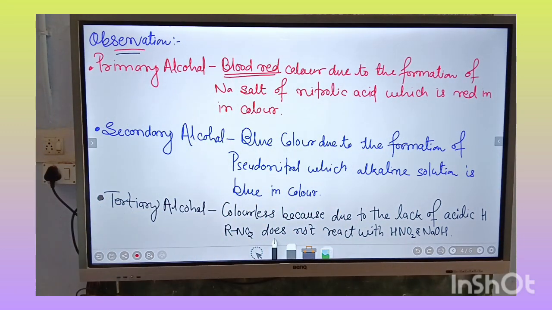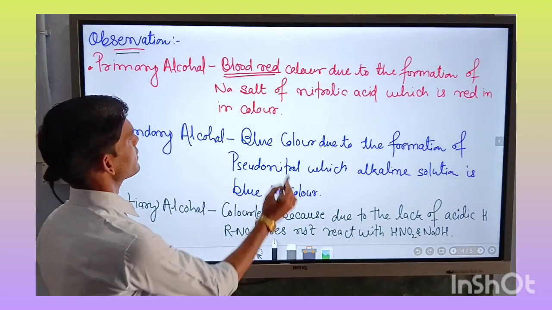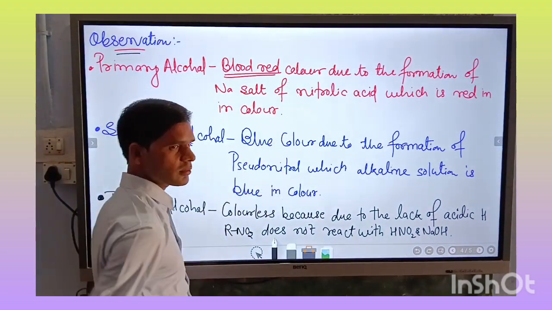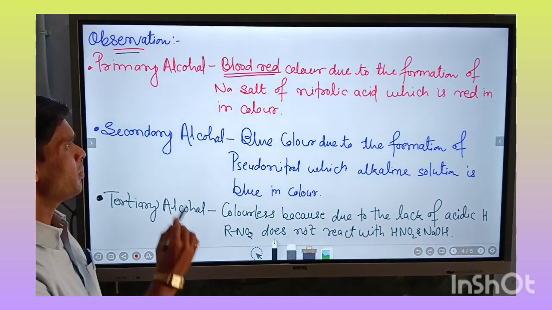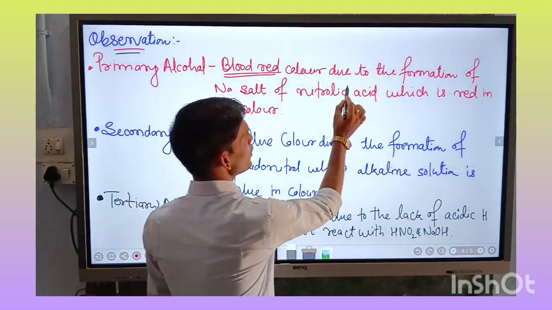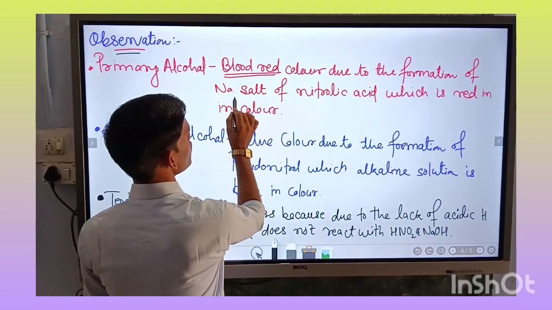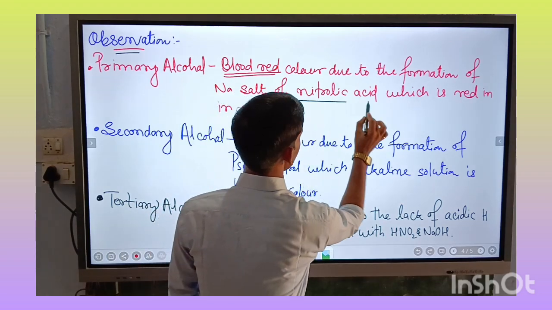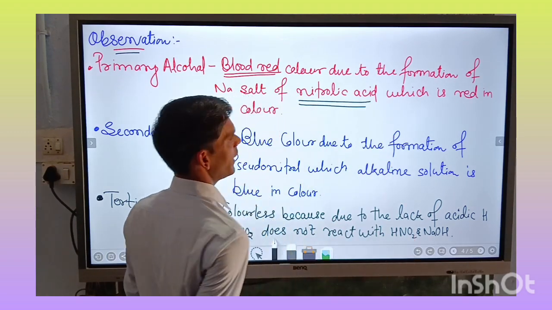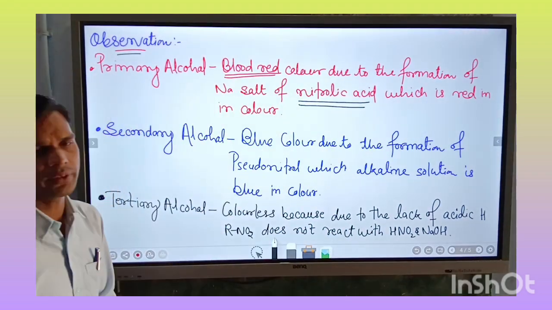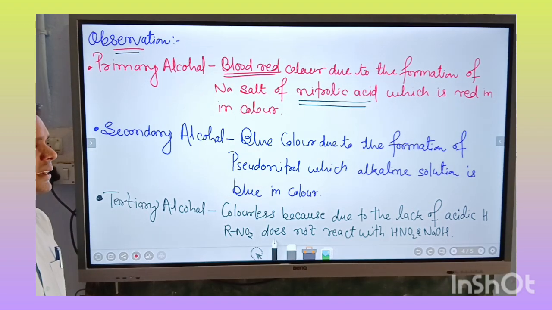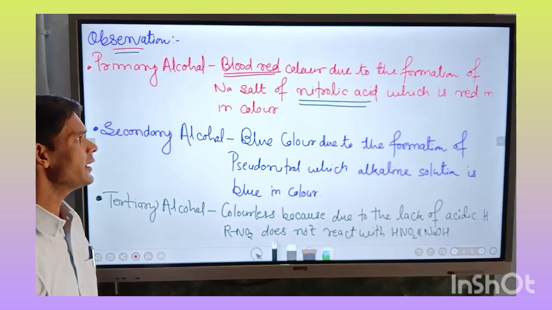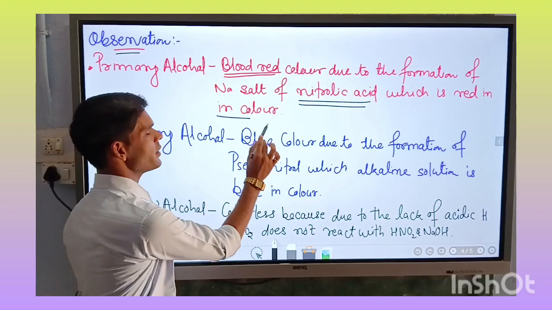Observation. Primary alcohol gives blood red color, and this blood red color is due to the formation of sodium salt of nitrolic acid, which is red in color itself.